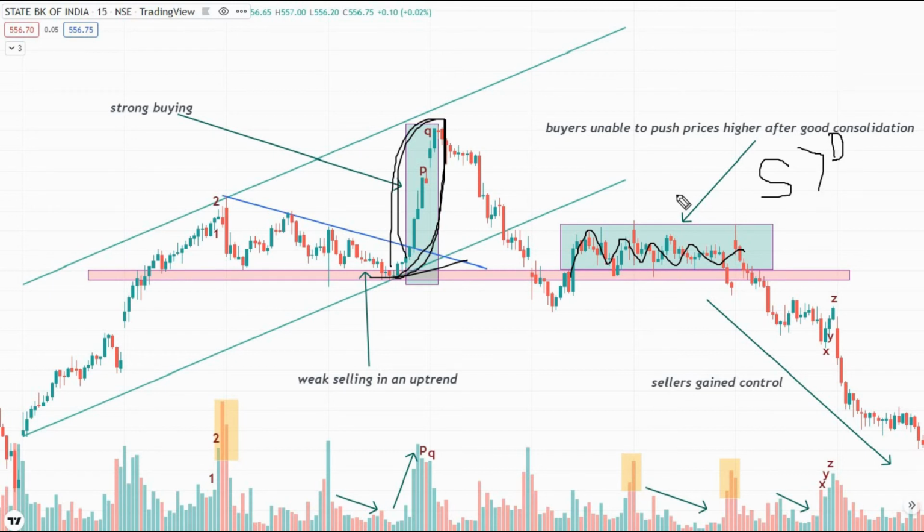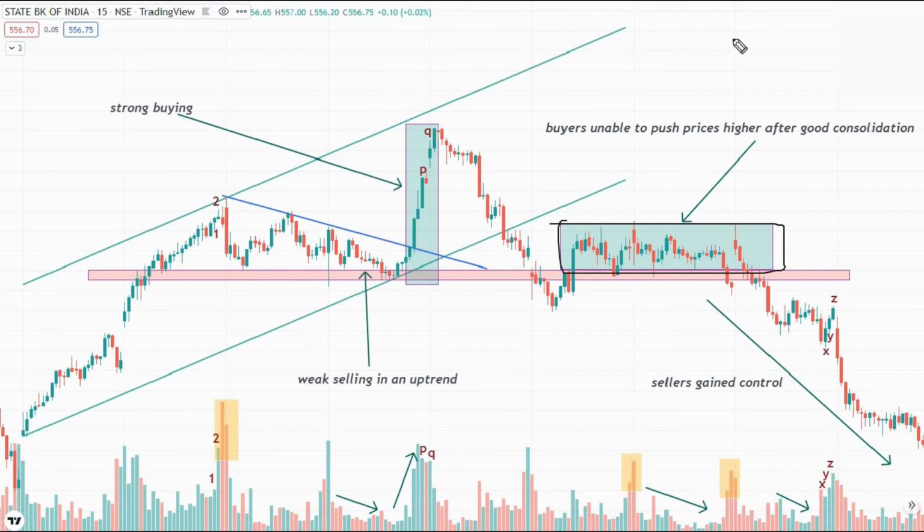That's why buyers are not being able to push the prices aggressively towards the upside, and they are just consolidating at the support zone. And in this consolidation phase, selling pressure is much higher than the buying pressure. Selling legs have higher volume than the buying legs. So which is also an indication that supply is very strong.